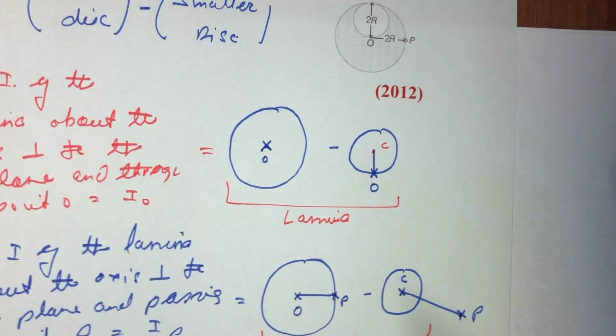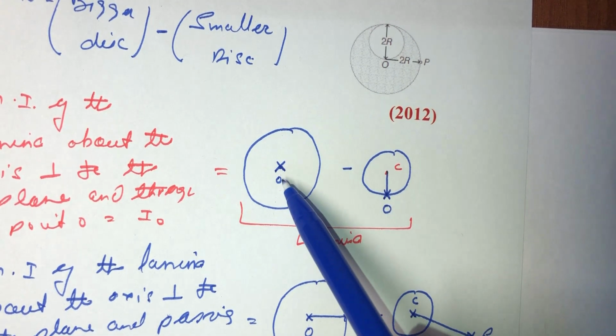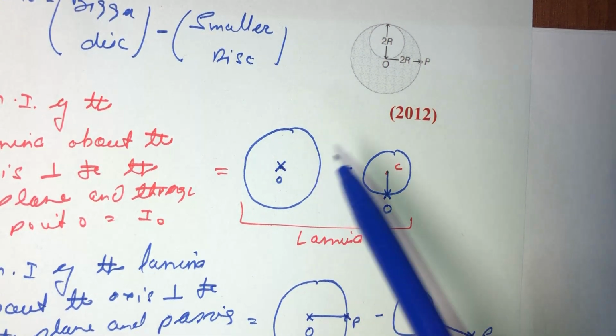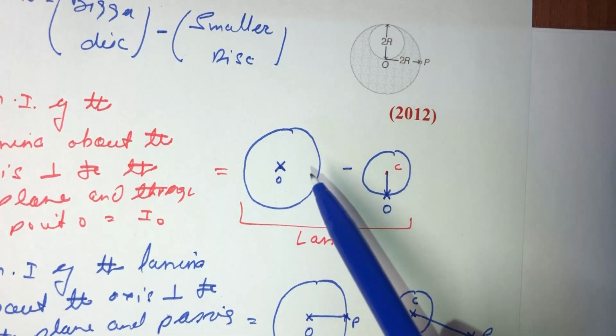Now we take the first part. So we are going to find out the moment of inertia of the bigger disk about this point O. Okay, and in all the cases, the axis is perpendicular to the plane.